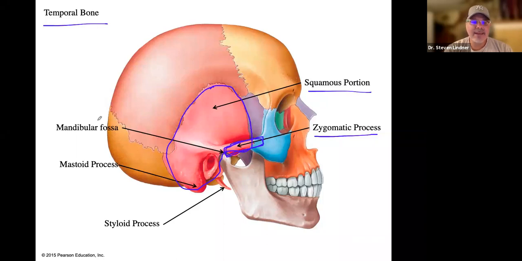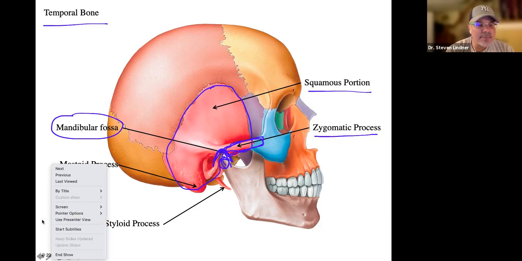This part is the mandibular fossa. The fossa is this cavity, a smooth depression, in which the mandibular process, which is here, is going to fit. Let me see if I can erase that so I can show it a little better.